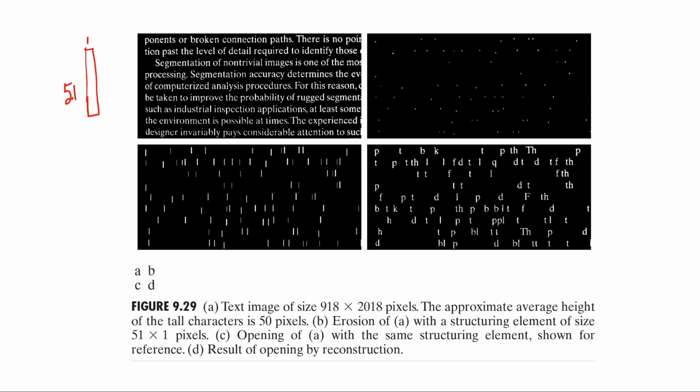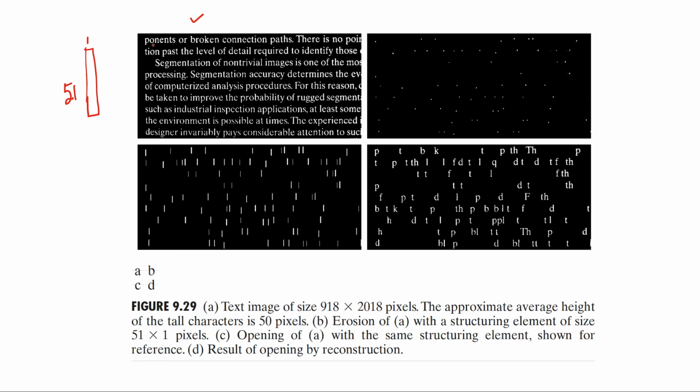Now what we will do is we will take this image as my original image, then you perform the normal erosion operation with this structuring element. Okay, so what will happen is whichever component of this image or whichever letters of this image are equal to or taller than this particular structuring element will produce an output in the eroded result. That is the normal erosion operation.